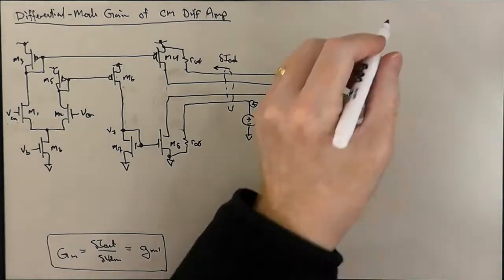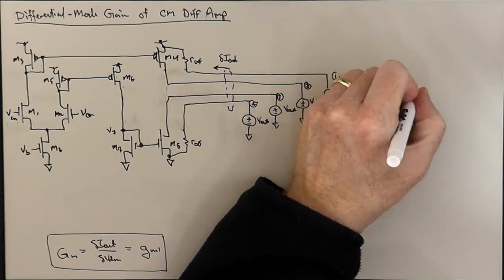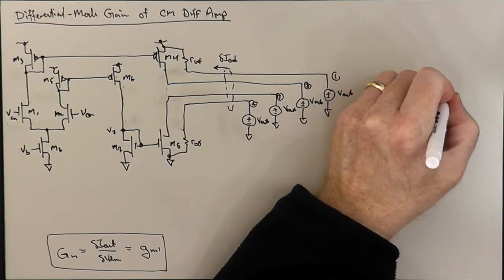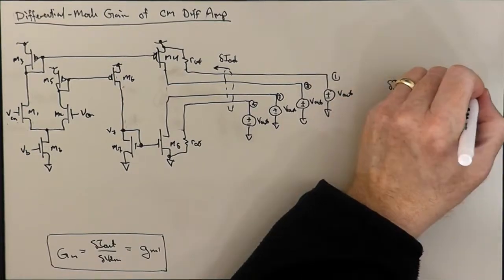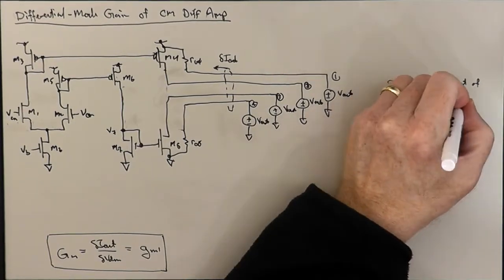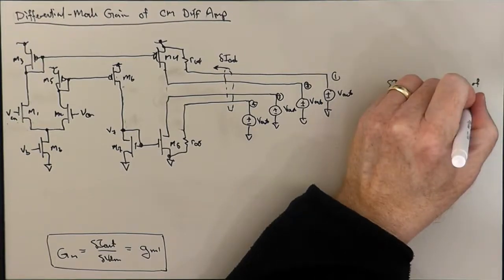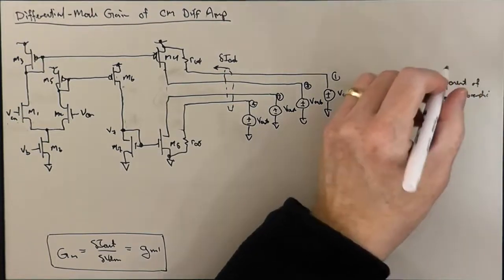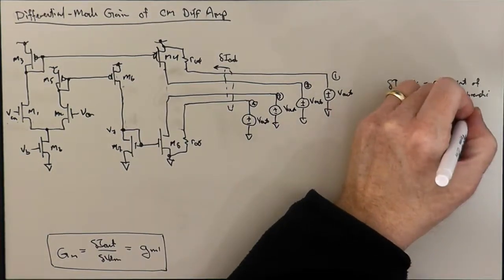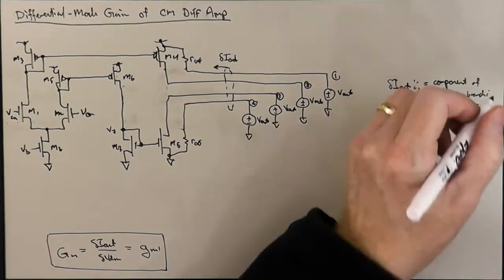And so recall our numbering convention is that delta I out sub ij is the component of delta I out in branch I due to replica source J.